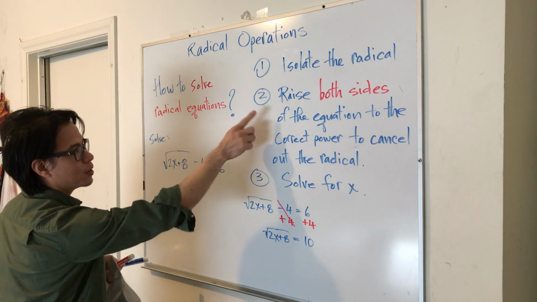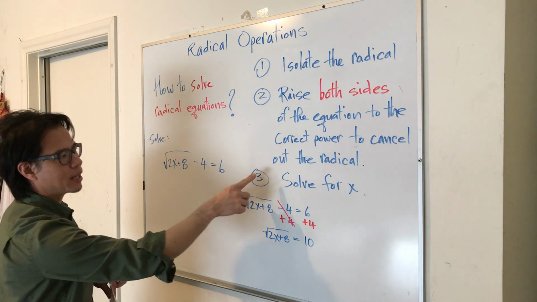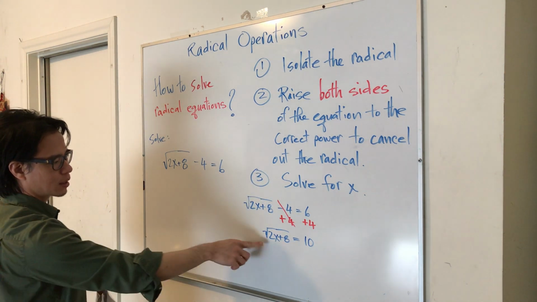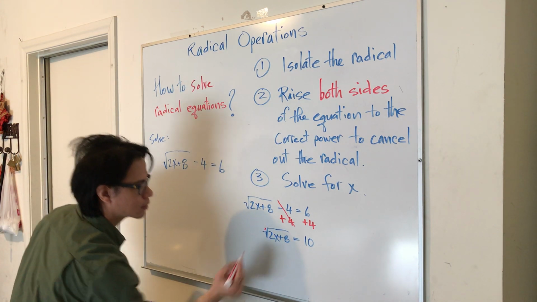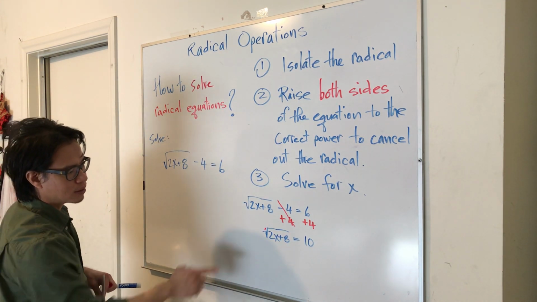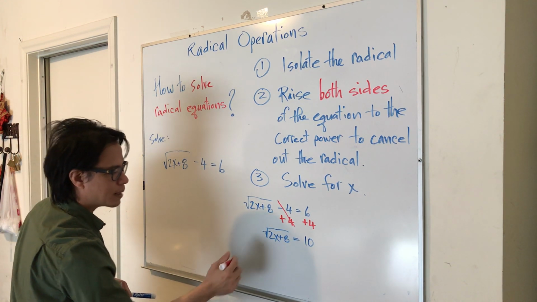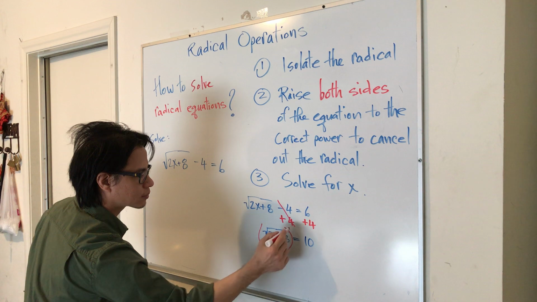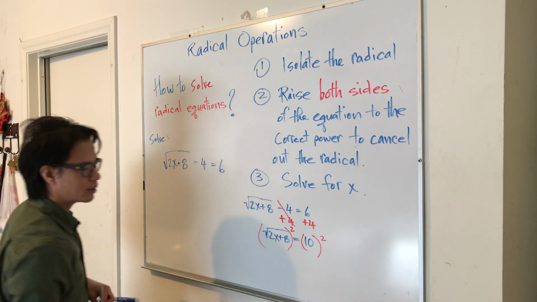Step 2 says we need to raise both sides of the equation to the correct power to cancel out the radical. So here, remember, you have a little 2 here outside of the radical. So in order to get rid of the square root here, we need to raise both sides to the power of 2.